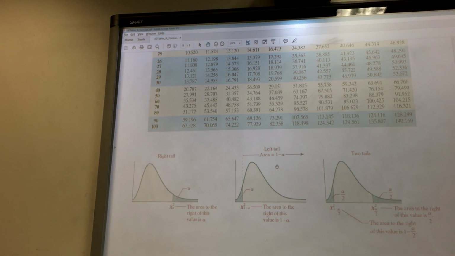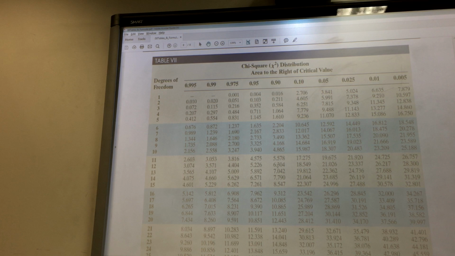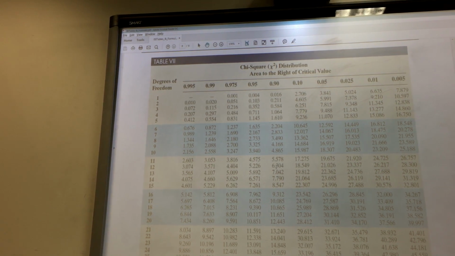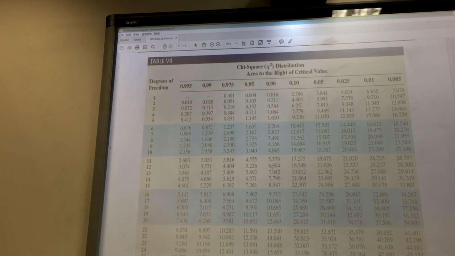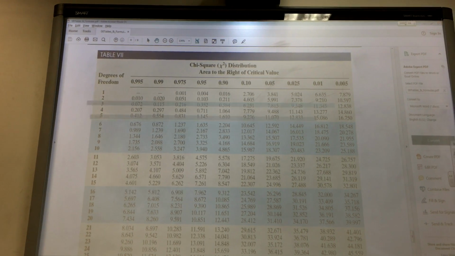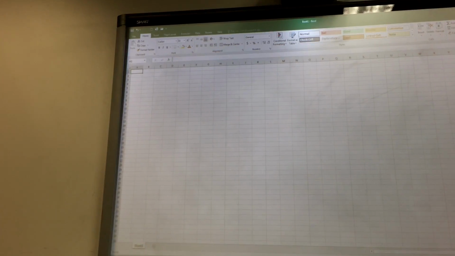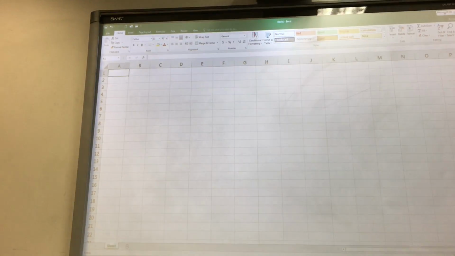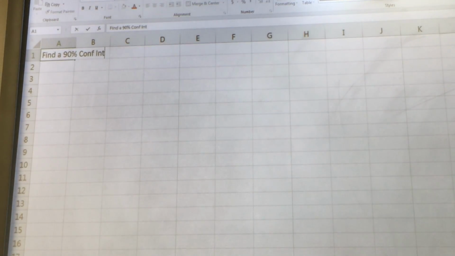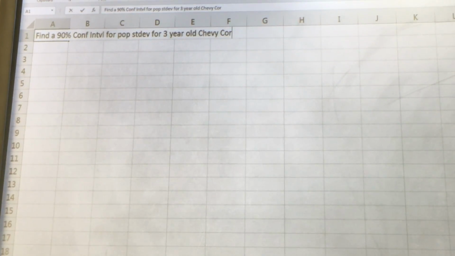Let's just do an example here. Let's say that I want to find a 90% confidence interval for the population standard deviation for 3-year-old Chevy Corvettes.